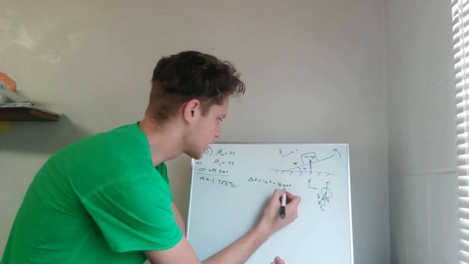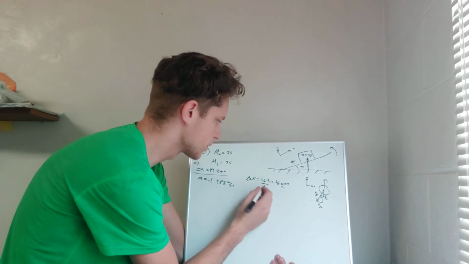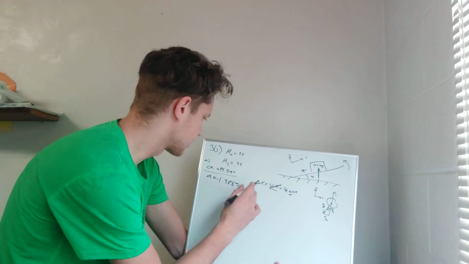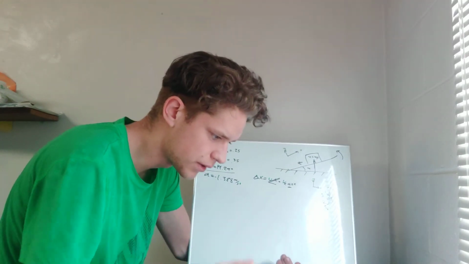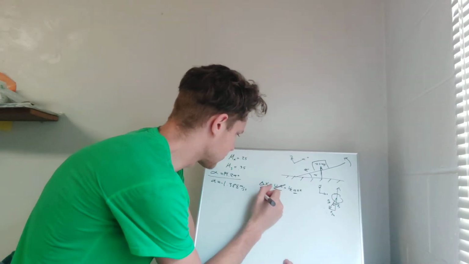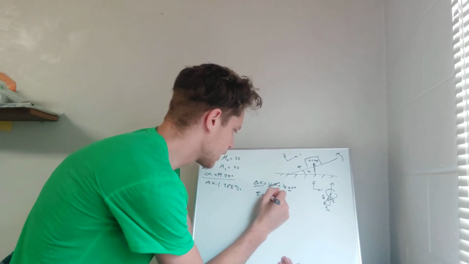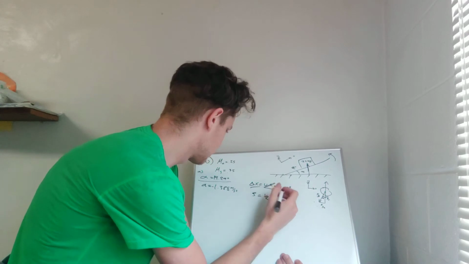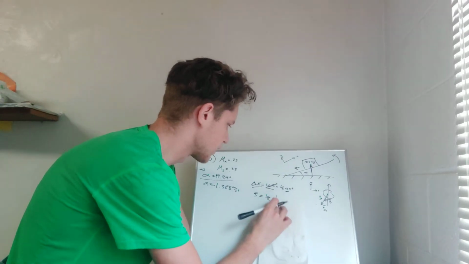So we have our acceleration already. V naught is 0, so that part just goes away. And then we have our delta x, which is 5 meters. So 5 equals 1/2 times 1.388, I'm just not going to write that because it's a pain.